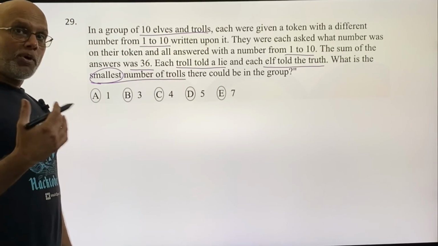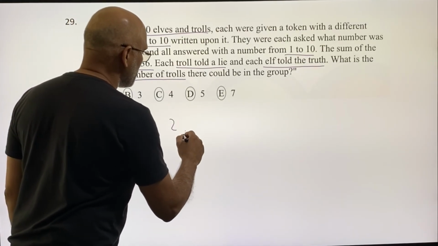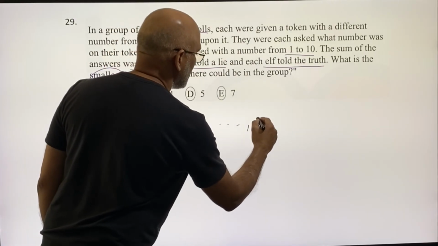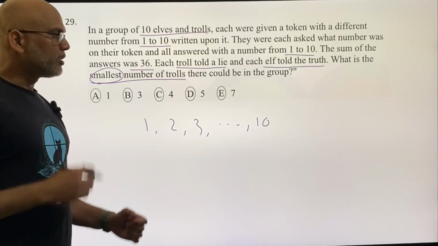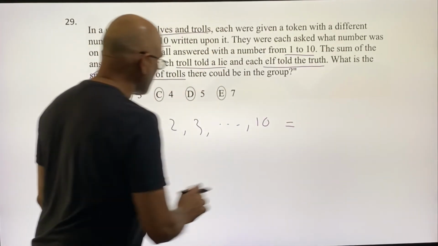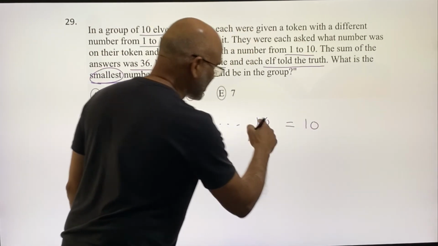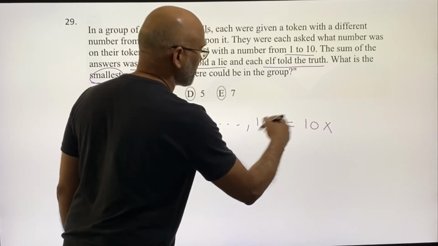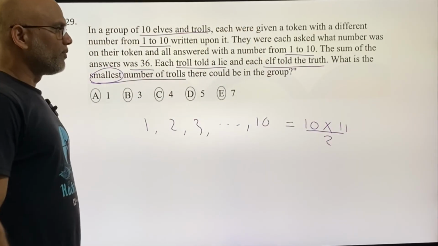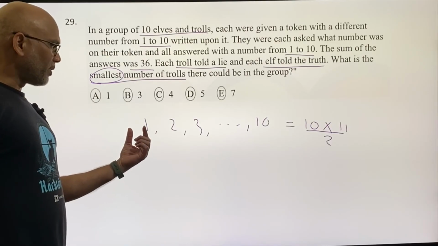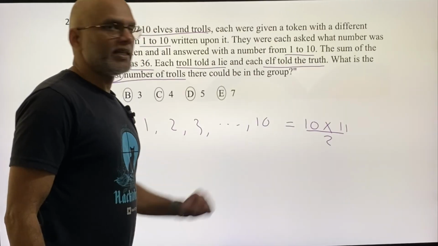All right, so the numbers were from 1 to 10. 1, 2, 3, up to 10. Now, if everybody told the truth, the sum would be the sum of consecutive numbers from 1 to 10, and that is the last number times the last number plus 1, which is 11, divided by 2. So this is the formula: the sum of numbers from 1 to n is n times n plus 1 divided by 2.